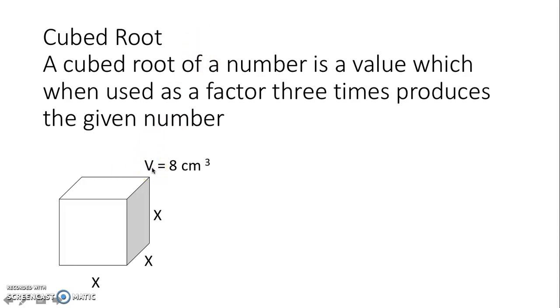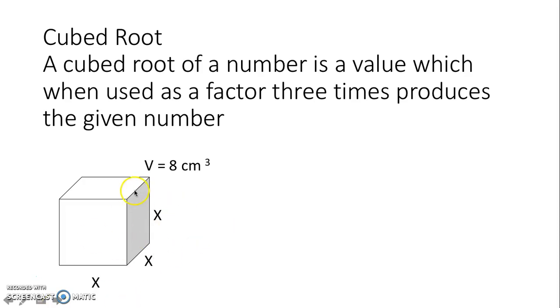In this picture, we're going to assume the volume is equal to 8 centimeters cubed, and we want to find that side length. Remember, volume is length times width times height, or side cubed, because they're all the same size.